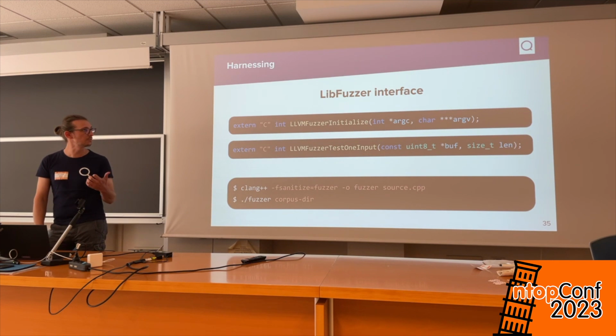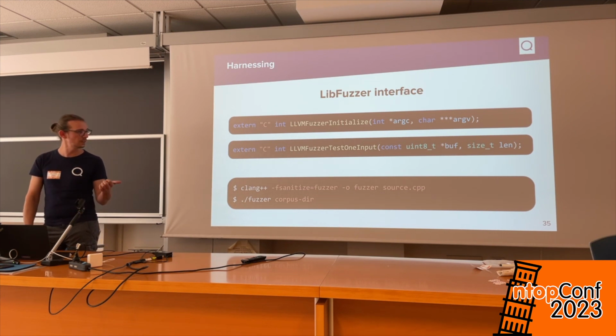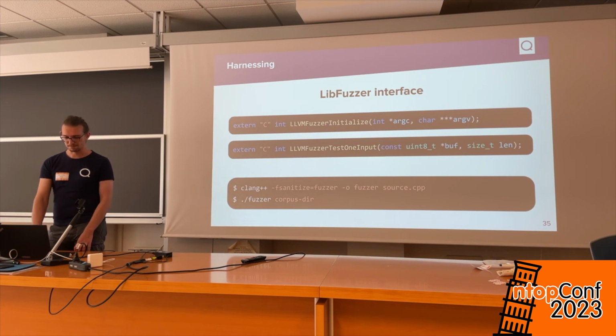Since this is part of LLVM, it's also really easy to instrument code that uses this interface. You just need to specify the fsanitize=fuzzer flag. With different fuzzing engines it's a bit different, but with libFuzzer it's really straightforward.